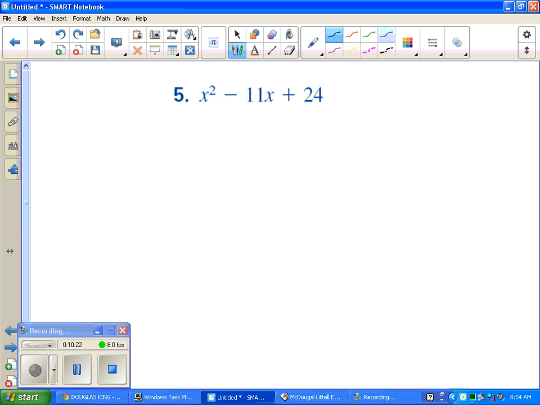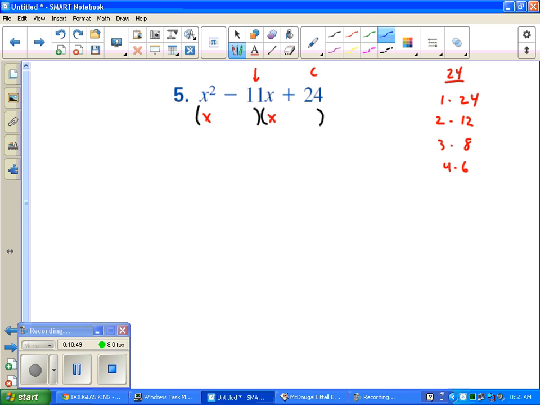And then finally, number 5, again, you always want to start yourself with a set of parentheses. And we know since we don't have a coefficient, x times x. Need to factor out the C value 24. We did it earlier. 1 times 24, 2 times 12, 3 times 8, and 4 times 6. Which one of those sets, when we add them or subtract them, gives us 11? Here's your B value, 11.